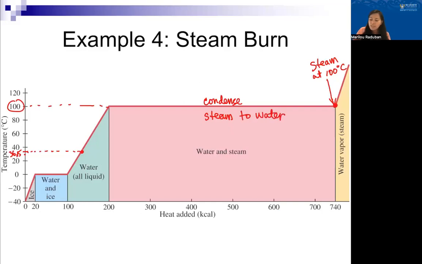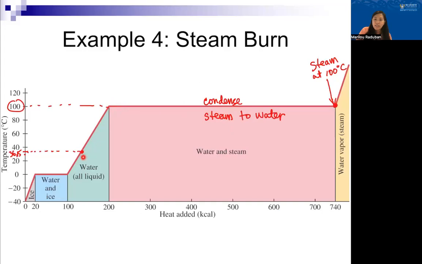So you need to condense this 100 degrees Celsius steam to water. And after it has condensed to purely water, that's when it can go down in temperature to 36.5 degrees Celsius.